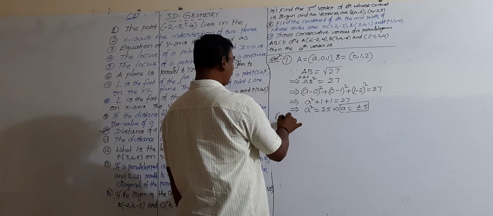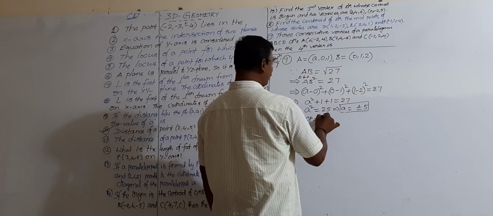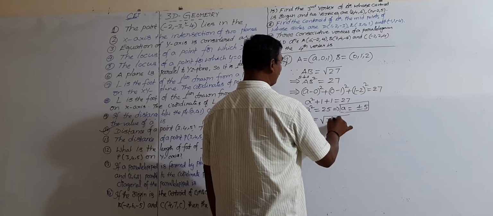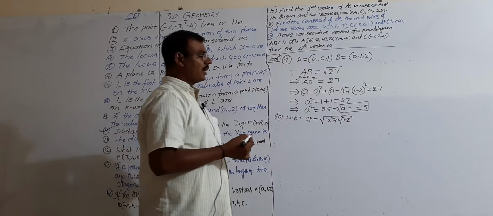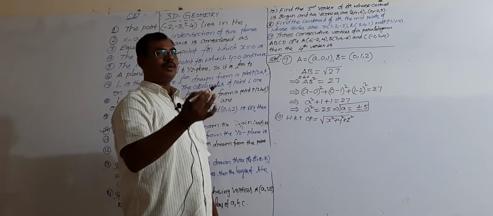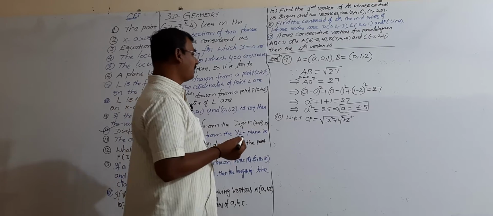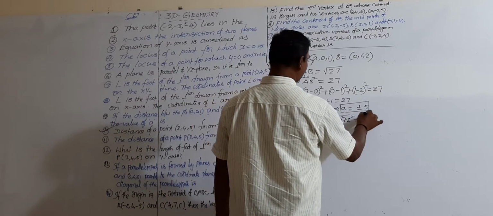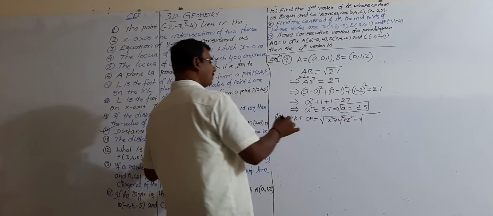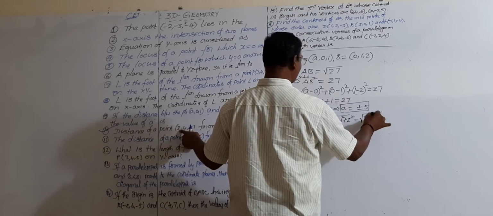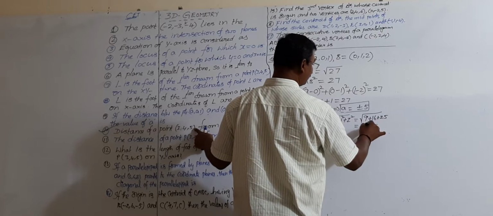We know very well that the OP distance is equal to the square root of x squared plus y squared plus z squared. This is the distance between the origin and any point in space. Substituting the point (x, y, z) = (3, 4, 5), it is the square root of 3 squared plus 4 squared plus 5 squared, which is equal to the square root of 50.